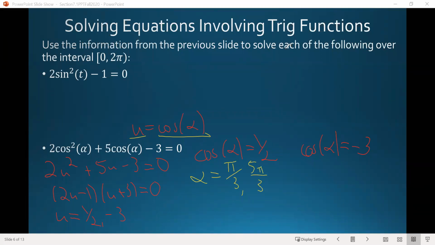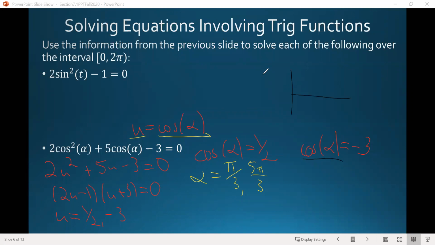For cosine of alpha equals negative 3, well, that's not on the unit circle, so we'd plug it into our calculators and do inverse cosine of negative 3. But when you do that, you'll see that you get an error. And why is that? Well, note that what we have here, cosine of alpha, that's a basic cosine function.